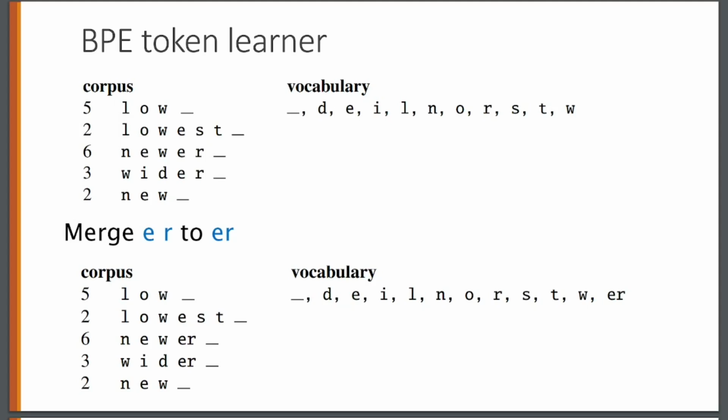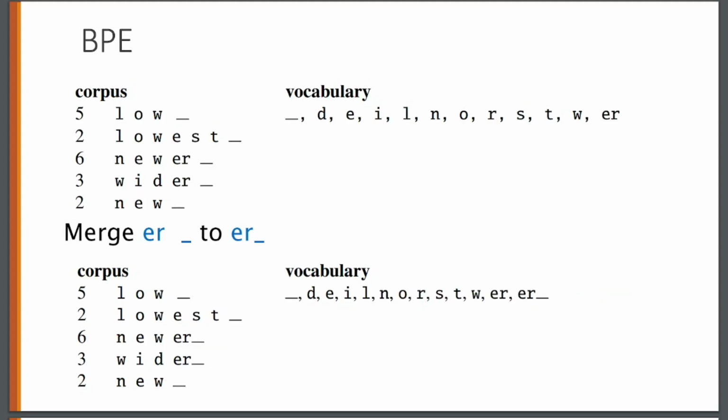So we add that new symbol to our vocabulary, and then we adjust our training material. In the bottom half of our screen, we see that our vocabulary has been updated, and our training data has had every adjacent occurrence of E and R replaced with the new symbol ER.